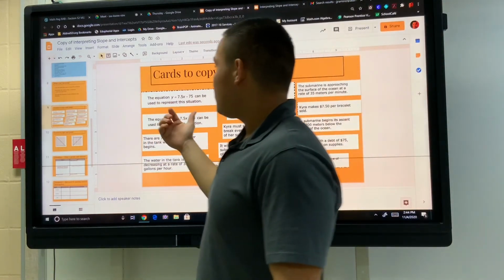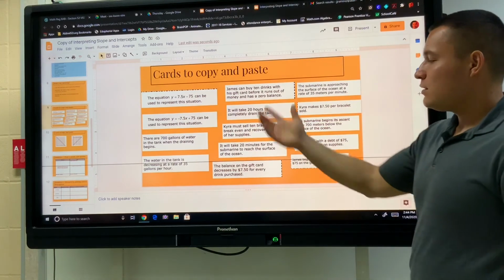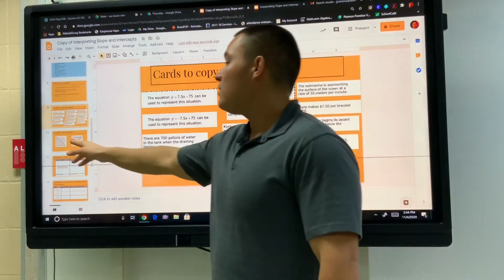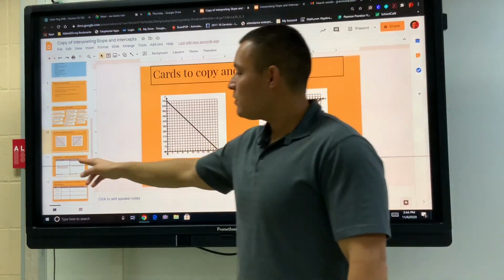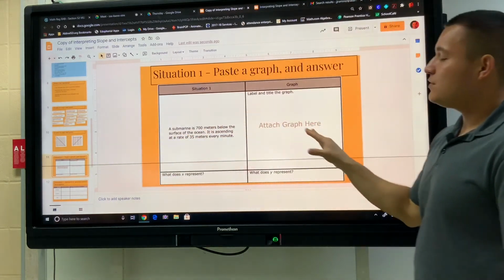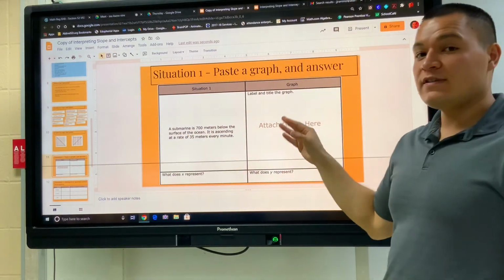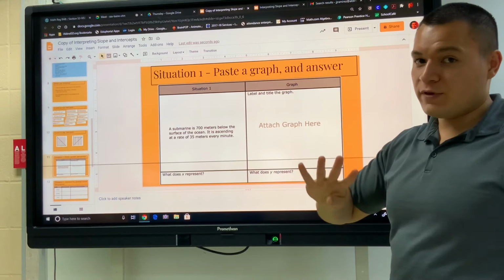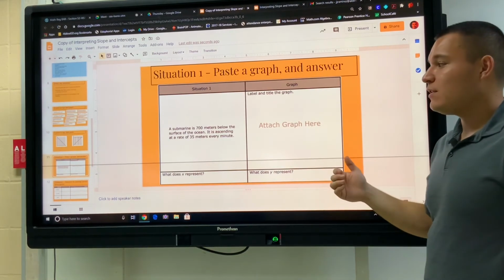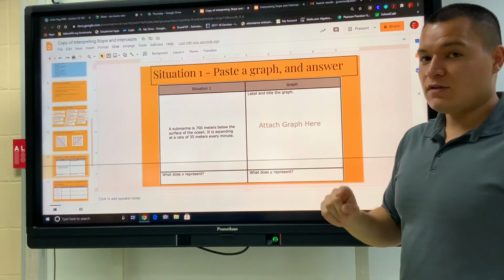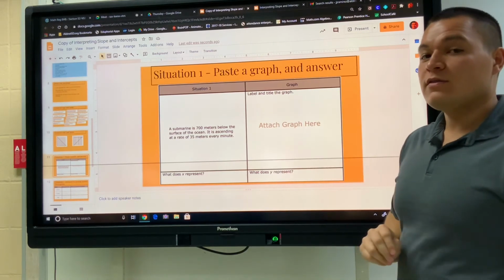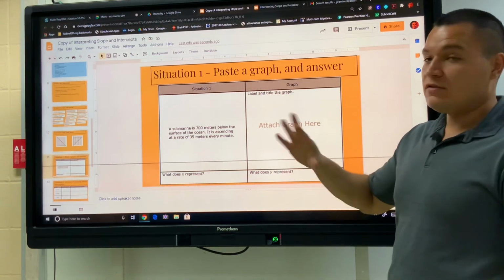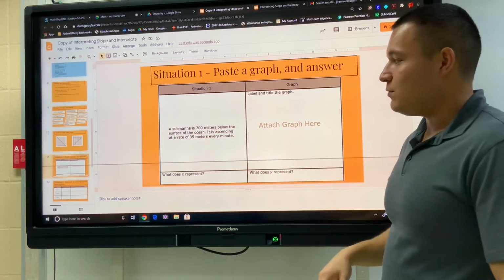So we have some situation cards. There's going to be 2 graphs. The first situation is going to be one of the ones that gets a graph, and the 4th situation will also get a graph. The other 2, situations 2 and 3, those ones will only get the descriptions, but no graph to go with it.